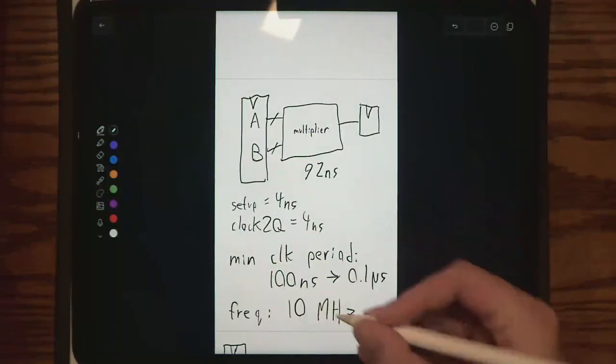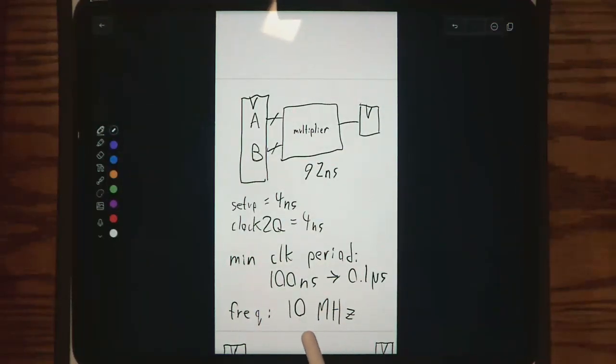Okay. That's not a great number, right? 10 megahertz. What speed do things usually run at? Yeah, maybe like a gigahertz. On the FPGAs that we're using in class, we're using very basic FPGAs. The maximum speed that you'll probably ever get is about 1/10 of a gigahertz, maybe faster if you're doing kind of magic stuff.